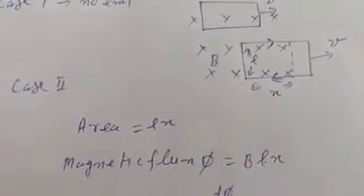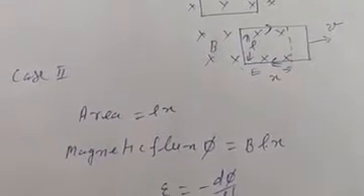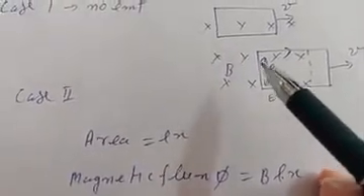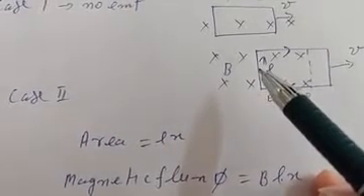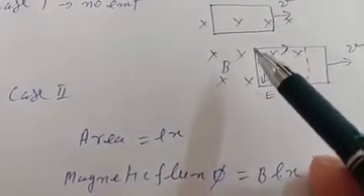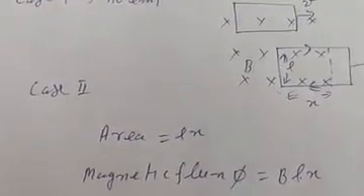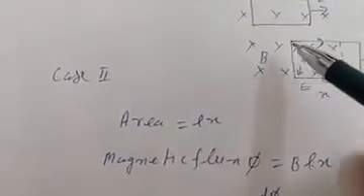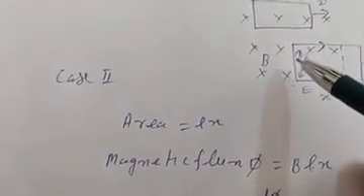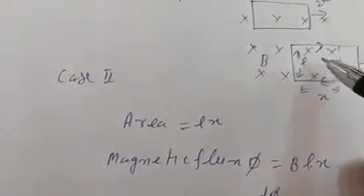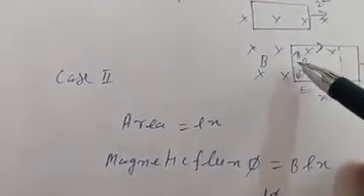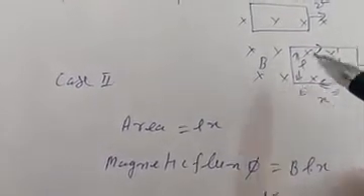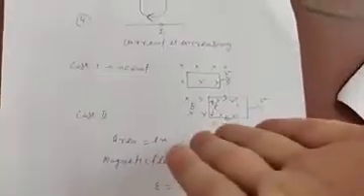Second, in terms of force on electrons. It is a conductor rod, and there are free electrons inside. This rod is moving in this direction, so you can say these electrons are also moving in this direction. In which direction will these electrons experience force? Apply the palm rule.